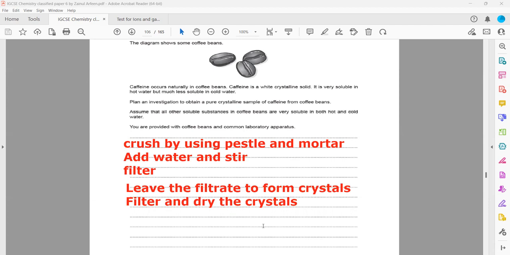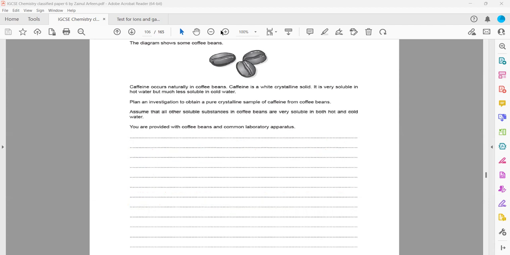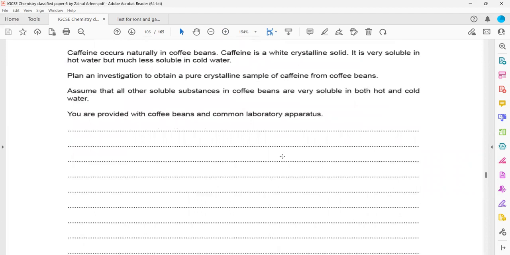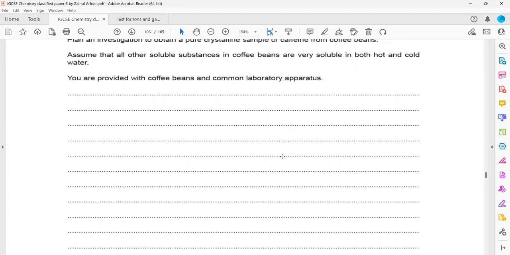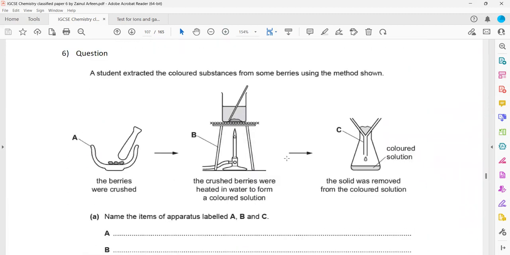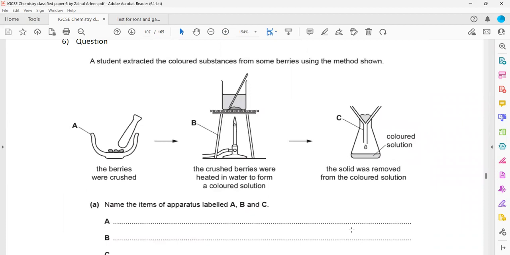Why is stirring sometimes enough? Because some of the solutes are readily soluble, like instantly dissolved. In that case, stirring is enough. For example, if you want to add sugar to water or salt to water, stirring is enough. We don't have to provide heat energy. But some of the solutes are not readily soluble, so in that case, we have to.